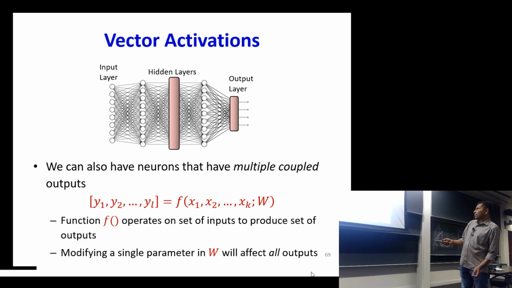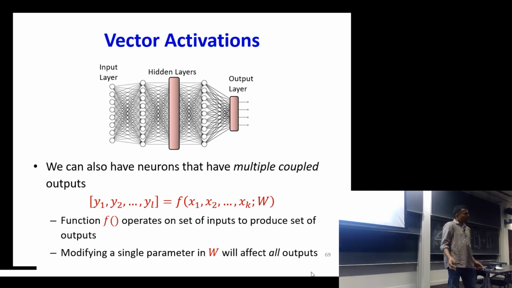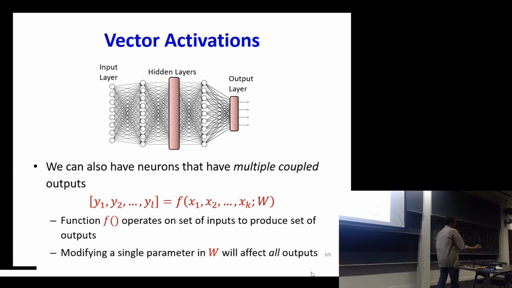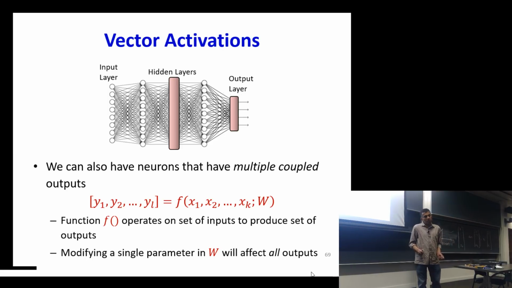activation. But another way of thinking about it is saying, I have this big block which gets a bunch of inputs and produces a bunch of outputs. So this is a function where the output is a vector and the input is a vector. And that is a perfectly appropriate way of thinking about it. So in this now, what is the basic difference between the two?